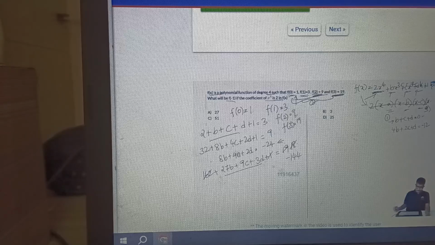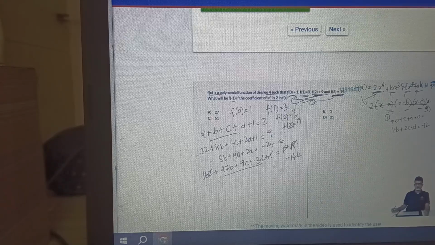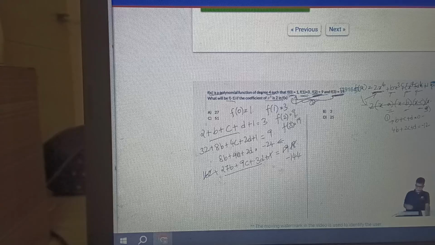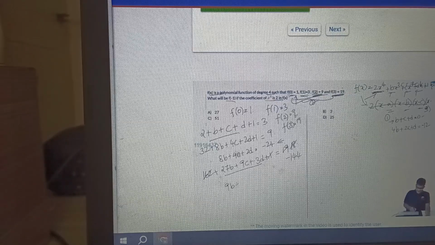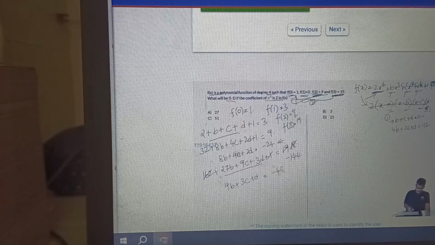Or 27b plus 9c plus 3d is equal to minus 144. Divide the entire equation by 3. So 9b plus 3c plus d is equal to minus 48. This is the third equation that we have.